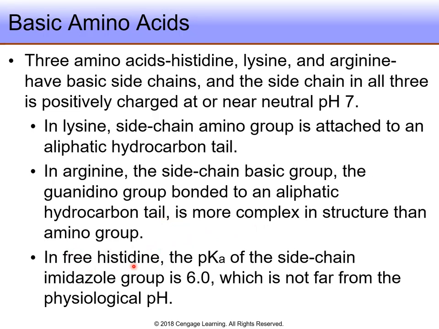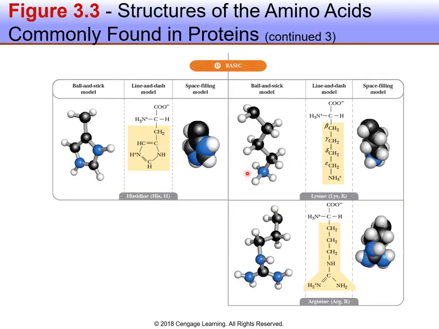Now in free histidine, the pK of the side chain imidazole group is 6, which is not far from the physiologic pH. So that's why histidine is the only amino acid with buffering action at physiologic pH. Here, if we start with lysine, this is the alpha carbon, this is beta, gamma, delta, epsilon.